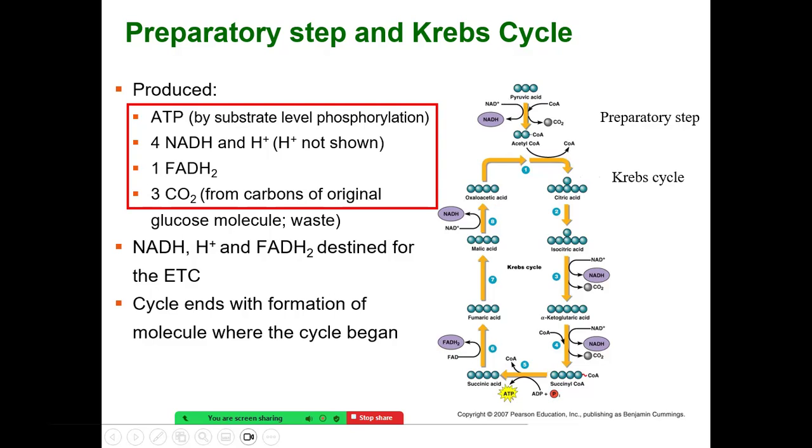So you have to be careful of how I word a question. If I word it like how many ATP are made per pyruvic acid, you're going to say 1. But if I word it how many ATP are made from glucose in the preparatory step and the Krebs cycle, you have to double these numbers: 2 ATP, 8 NADH, 2 FADH2, and 6 CO2. Any question about any of that?